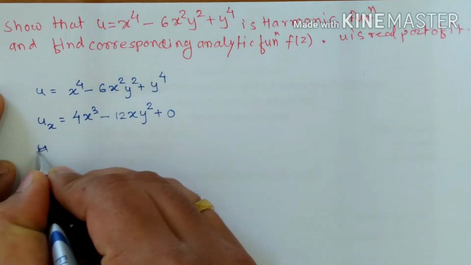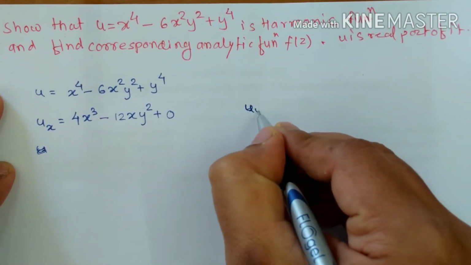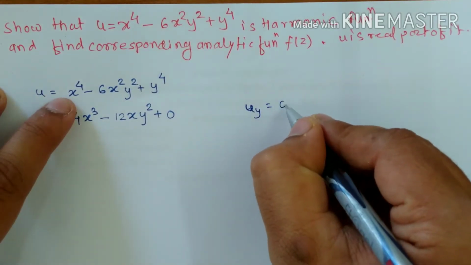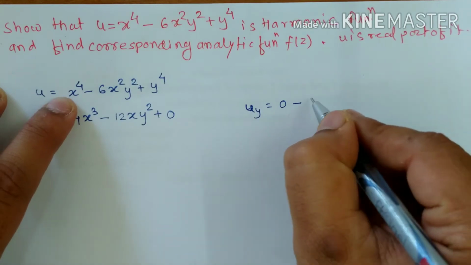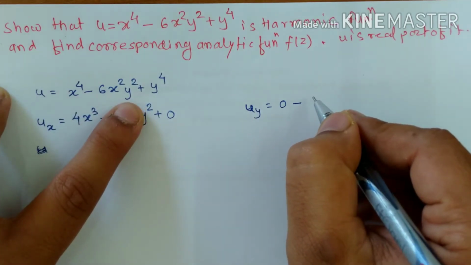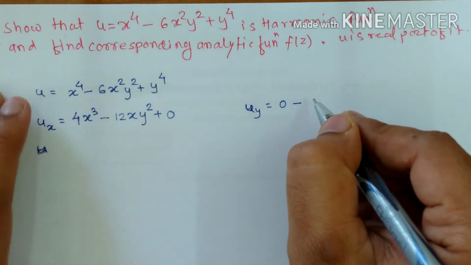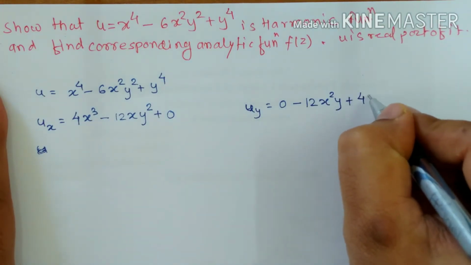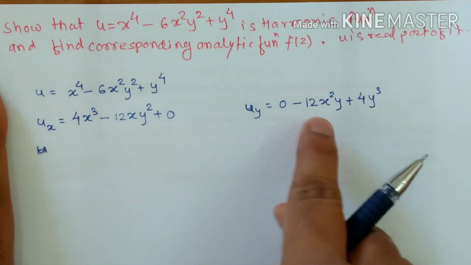Next, uy is equal to, for x raised to 4, the derivative will be 0 because there is no y term present. Again, y square derivative is 2y, 6 into 2, that is 12x square y, plus 4y cube. So this is our ux and this is our uy.